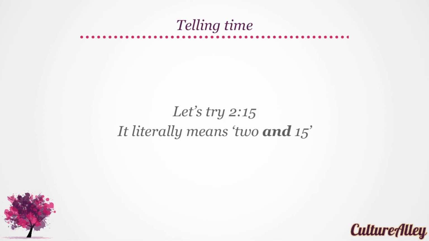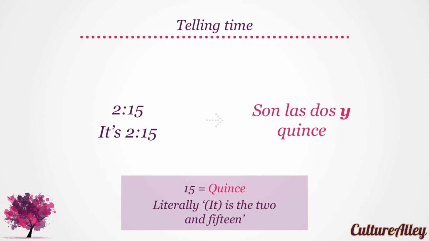We are now acquainted with basic numbers, so let's try saying 2:15. 2:15 literally translates as "2 and 15." Since it means 15 minutes past 2, that is after the hour, we use the particle y.